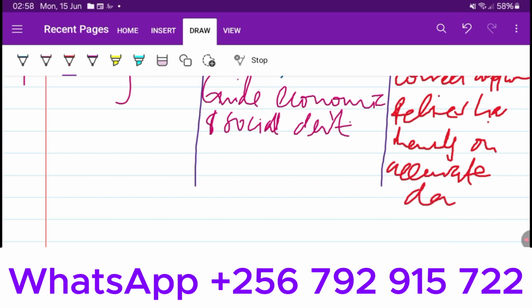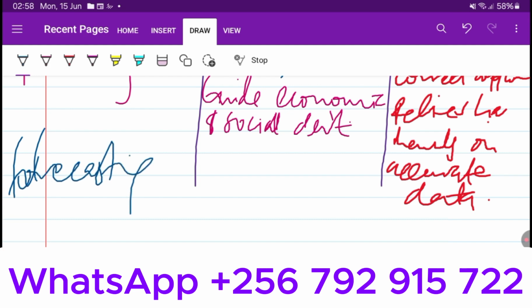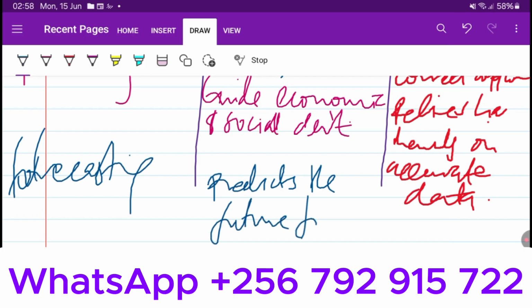Then look at another point, forecasting. Under the importance, it predicts future trends.